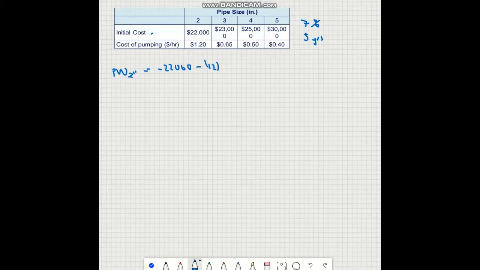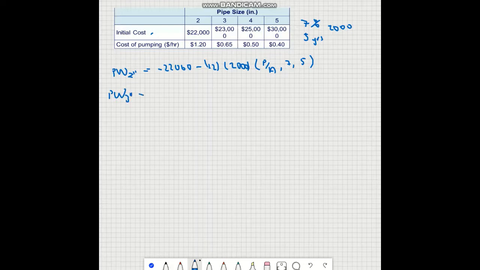Let's say we have 2000 operation hours per year. So 1.2 multiplied by 2000. Let's convert it to present value from annual. We know 7% and 5 years, just plug in.